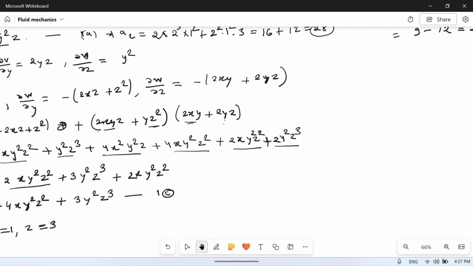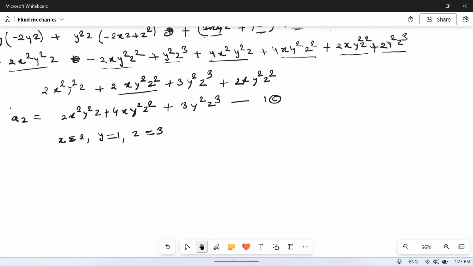Similarly az, so az will become 2 into 2 square into 1 square into 3 plus 4 into 2 into 1 square into 3 square plus 3 into 1 square into 3 cube.